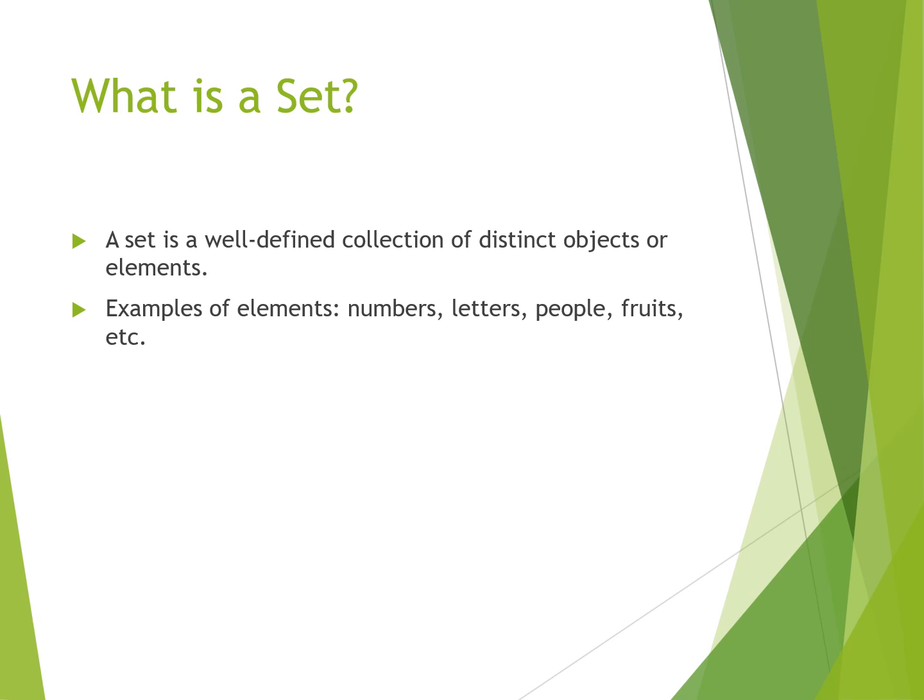So it must be distinct, not just anything can come and form a set. For them to be called a set, they must have distinct characteristics that bind them together. A set is a collection of objects, elements.